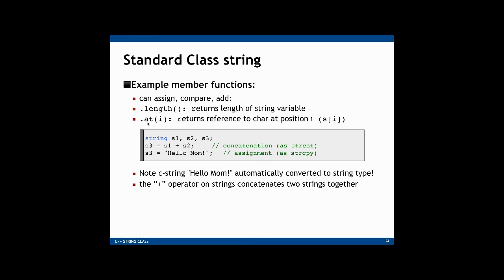The at function is only provided by the string class, so you cannot use it with a C-string variable.